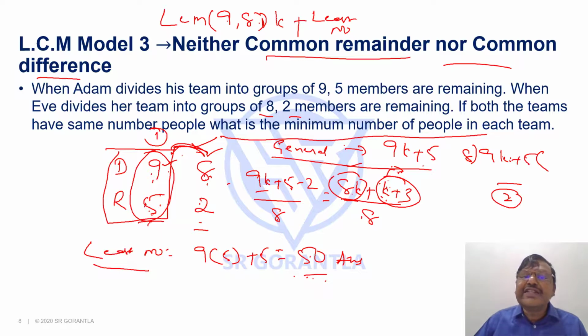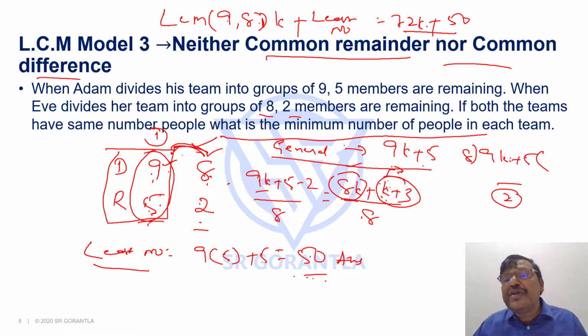In other words, LCM of 9 and 8 is 72, so 72k plus 50. If k is 1, the next number that satisfies will be 122. The next number thereafter is 72 times 2, which is 144, plus 50, 194. Like that, we can increase the number.